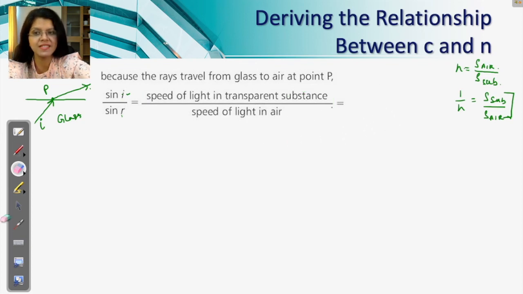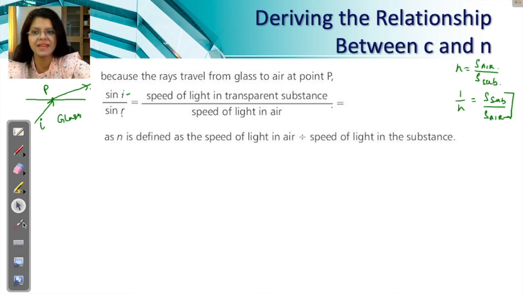If you have questions, type in the comment box and let me know. N is defined as speed of the light in air divided by the speed of the light in the substance, right? So therefore this whole left hand side should be equal to 1 over N.